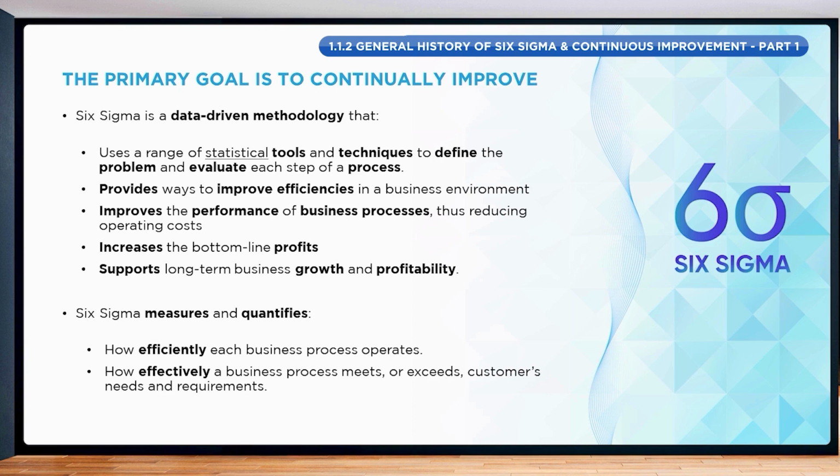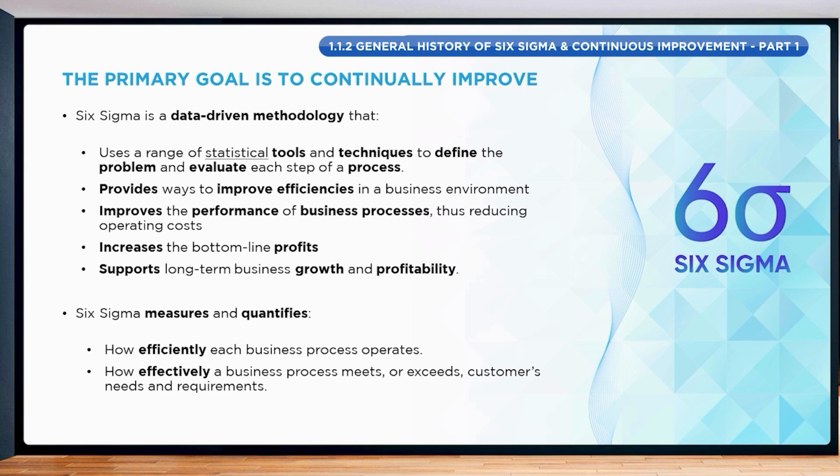Six Sigma can measure and can quantify a number of things. It can measure and quantify how efficiently each business process performs with regards to the customer requirements, and also how a business process either meets or exceeds customer requirements and customer specifications.